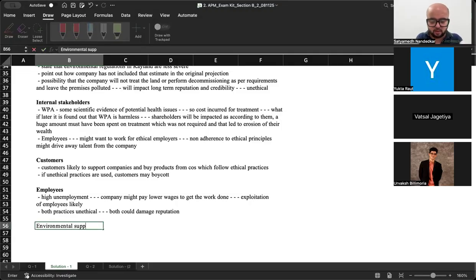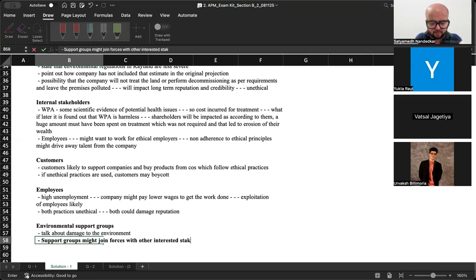Yes, environmental support groups. Talk about damage to the environment. Support groups might join forces with other interested stakeholders and might force the company to suspend its operations.